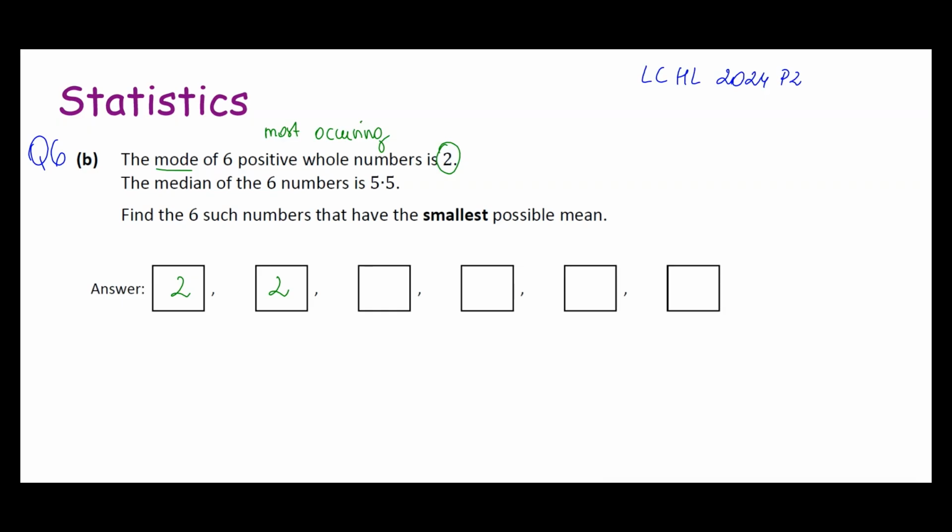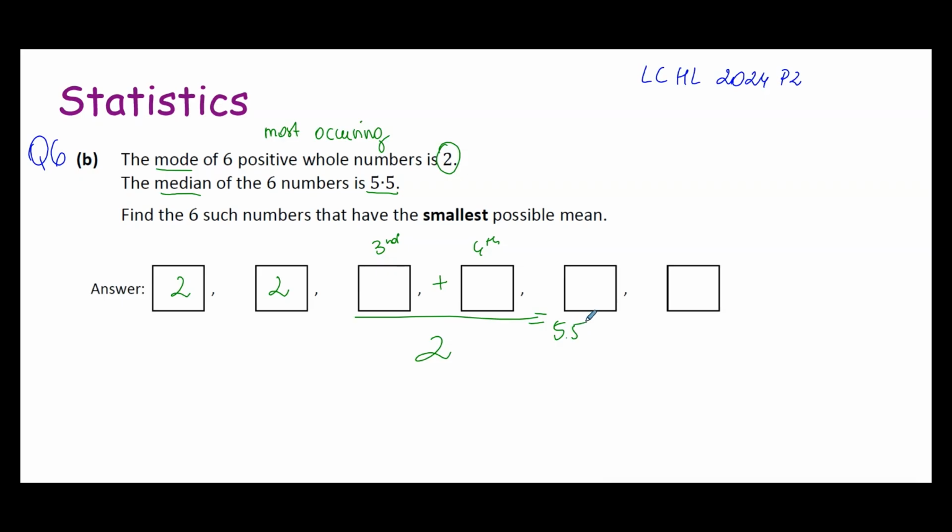Then we have the second sentence. The median of the 6 numbers is 5.5. What's the median? The middle. Where is the middle? It will be between the third and the fourth number. Now, how did they calculate that 5.5? Well, they added those two values, divided by 2, and when they put that in the calculator, they got 5.5.